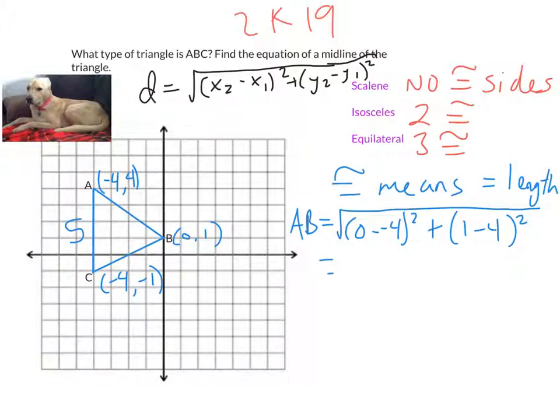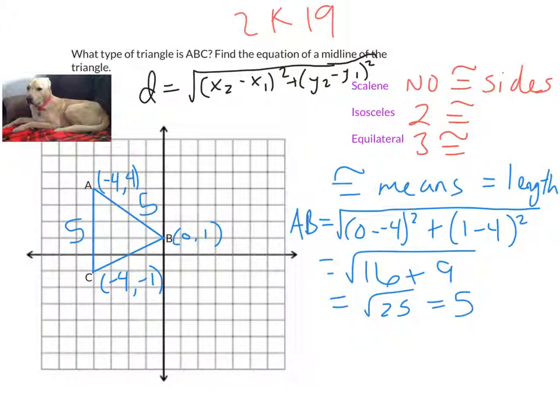I'm going to do this by hand. 0 minus -4 is positive 4, squared is 16, plus 1 minus 4 is -3, squared is 9. That is the square root of 25, which equals 5. So right now I could be either isosceles or equilateral. We'll find out shortly when we figure out this last length.